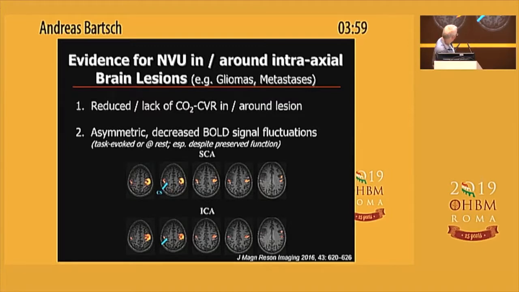This patient has a right hemispheric tumor. You can see it here, and you can see that the response adjacent to the tumor, resting state or task or whatever you use, is reduced. And then people claim this is neurovascular uncoupling, okay?